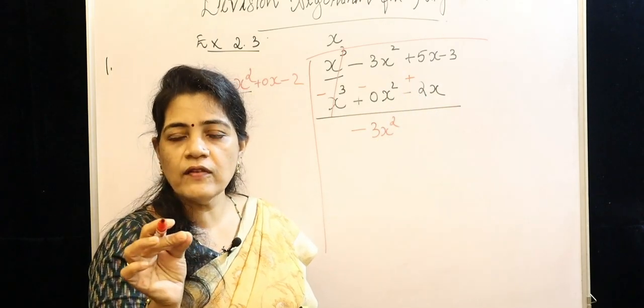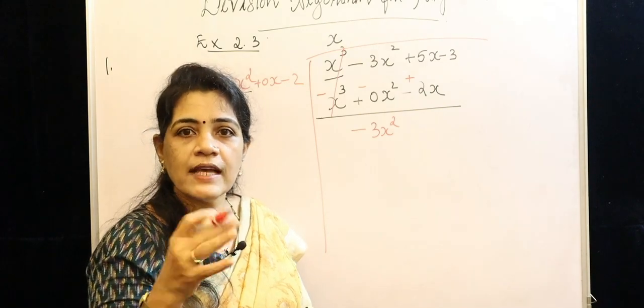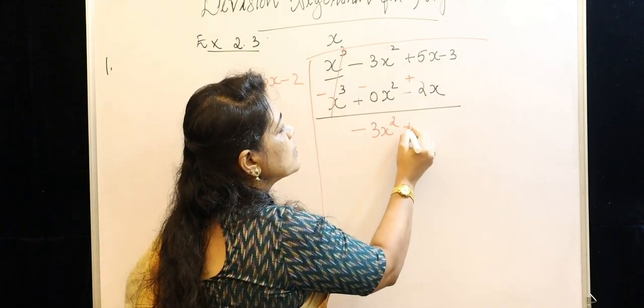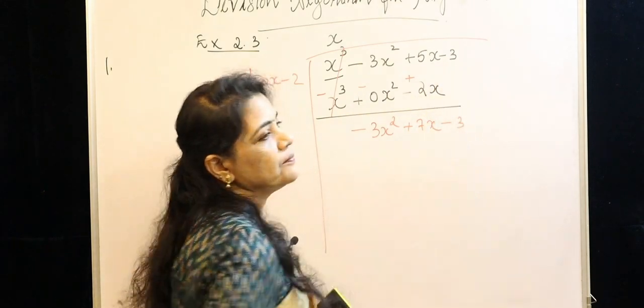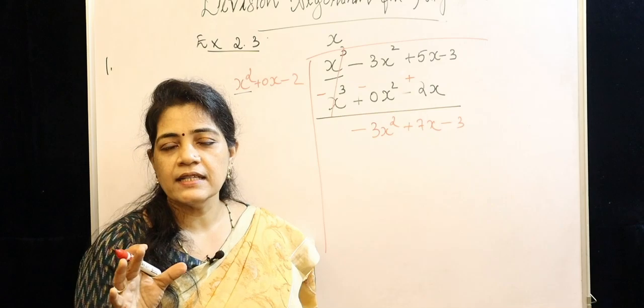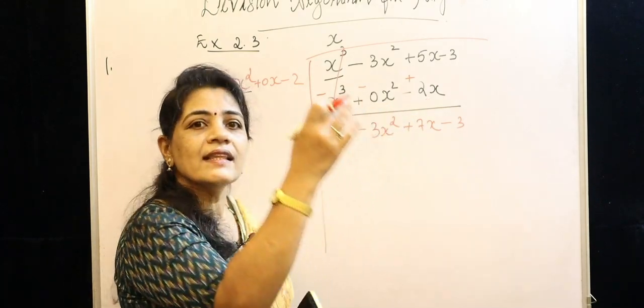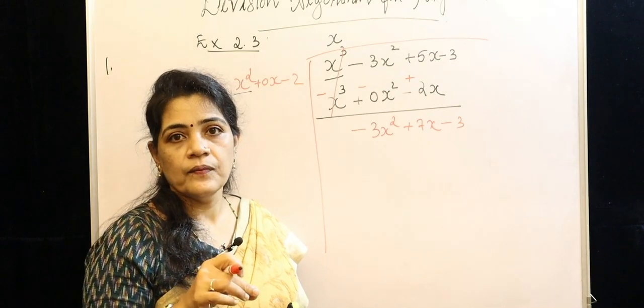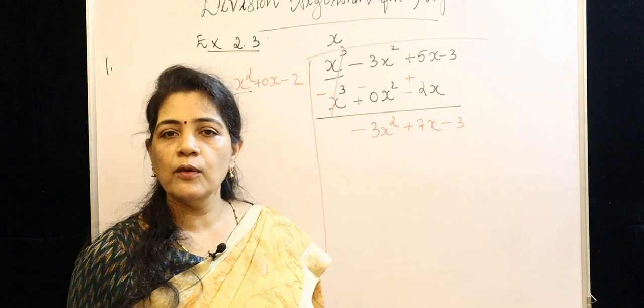So adding the coefficients, 5 plus 2 is 7, then x. No change for the variable, and the last term is minus 3. This step is clear, children. After getting this polynomial, change the sign, then add. So now we have a new polynomial.